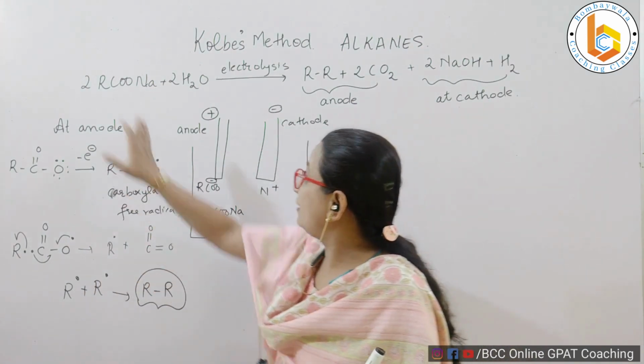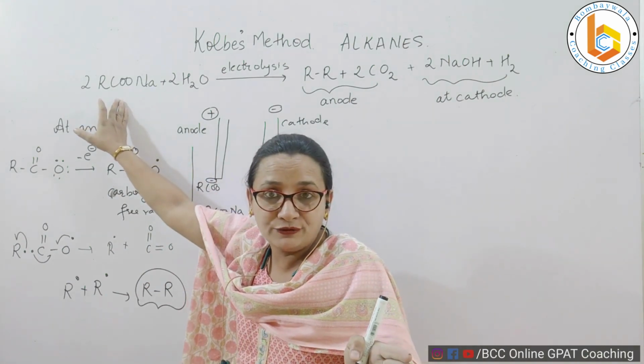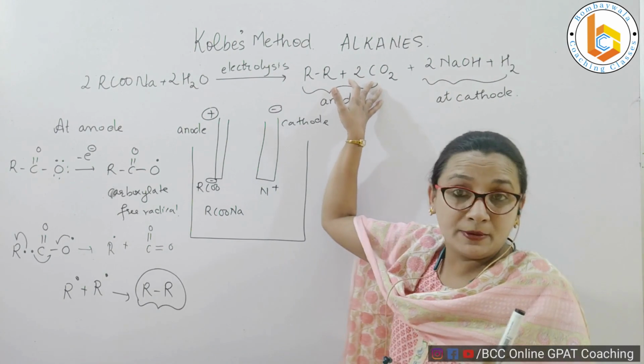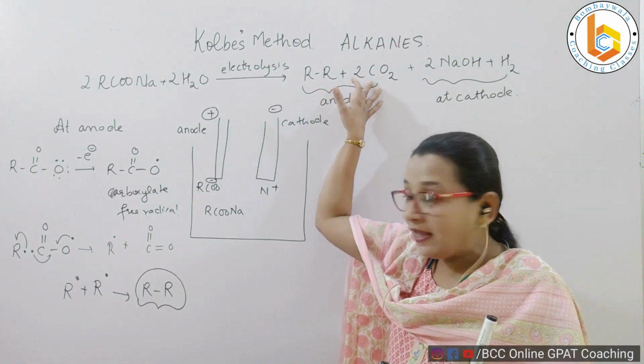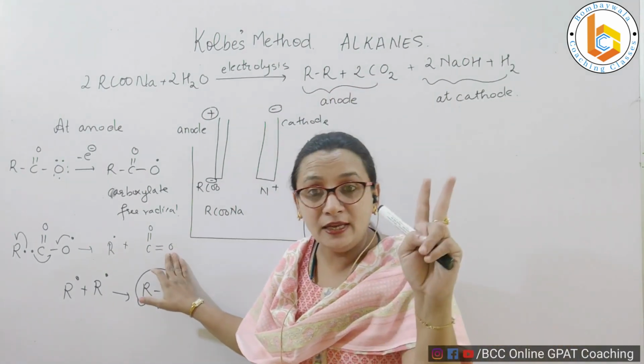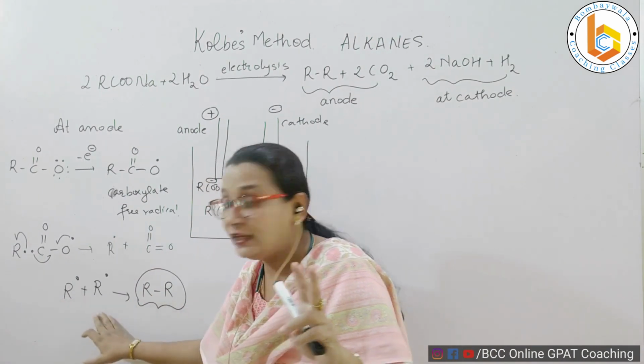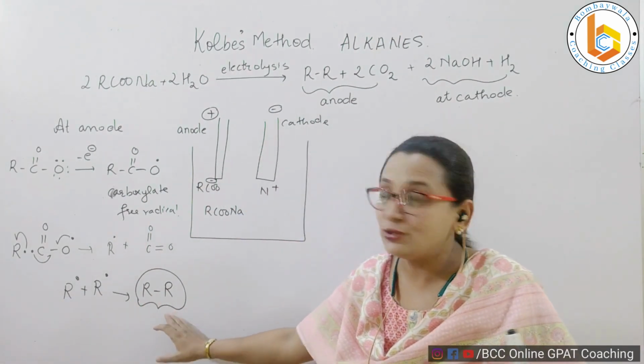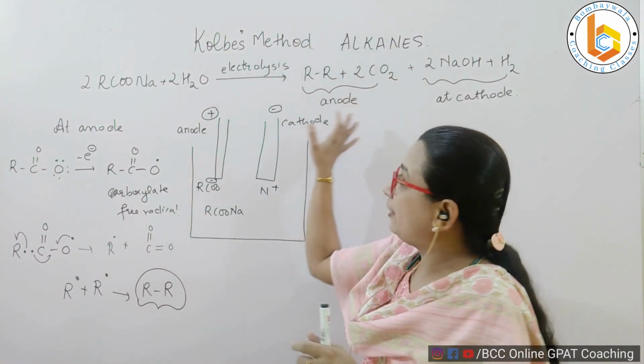Since the reaction is taken up by two molecules of sodium salt of carboxylic acid, we are expecting two carbon dioxide. We get two carbon dioxide here, and two alkyl groups. So these two alkyl free radicals will combine to give you an alkane. So you can see this is what has happened at the anode.